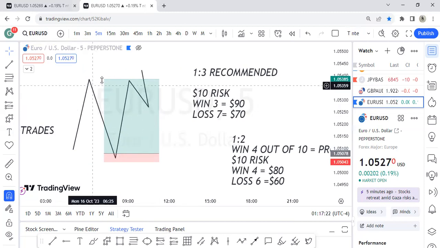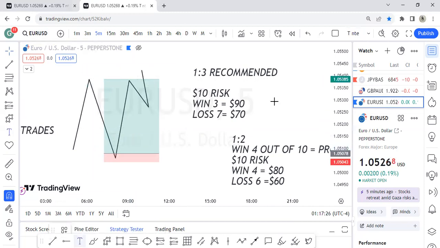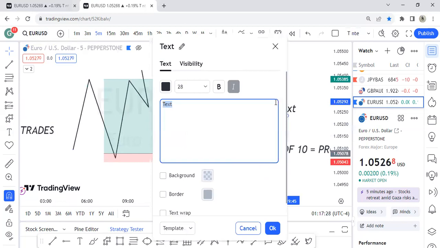If you took partials at 1:3, let us do the math now. Let's say you have a 1:8 trade, the market is 1:8.